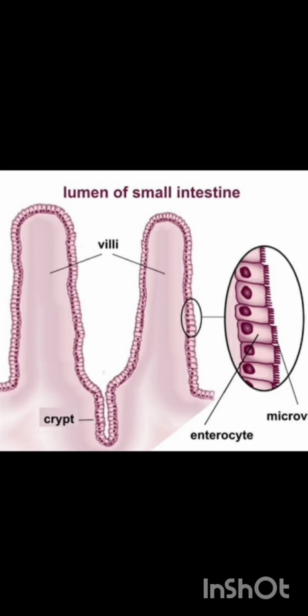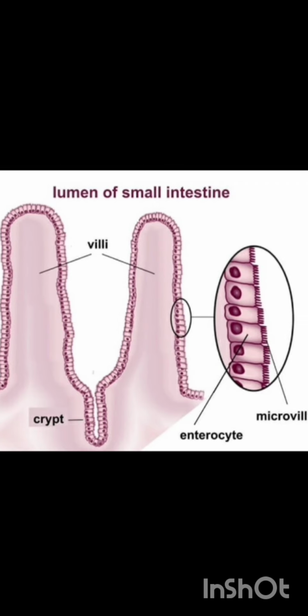Next, ciliated epithelium. In this ciliated epithelium, certain columnar cells bear numerous dedicated hair-like outgrowths called cilia and are called ciliated epithelium. Their function is to move particles or mucus in a specific direction over the epithelium.